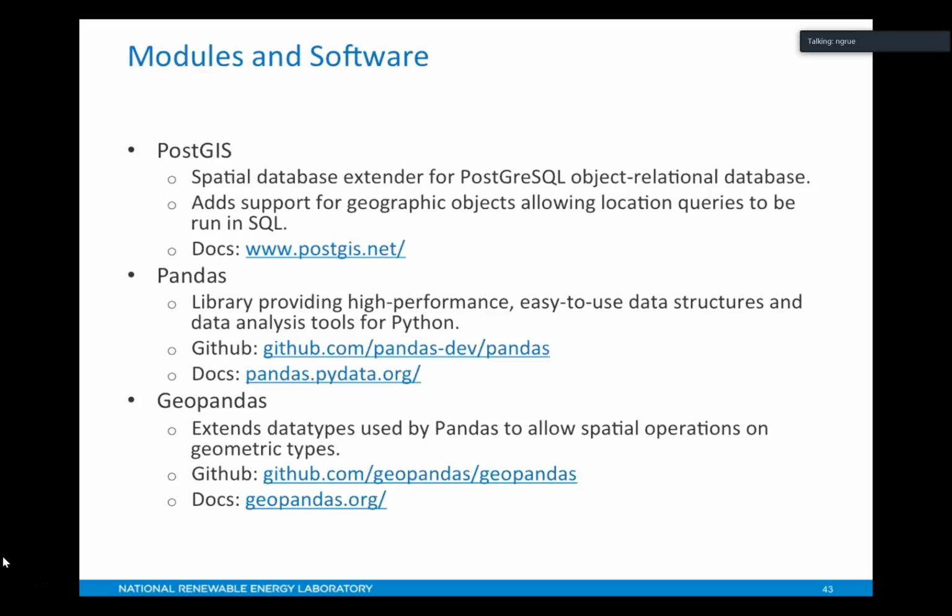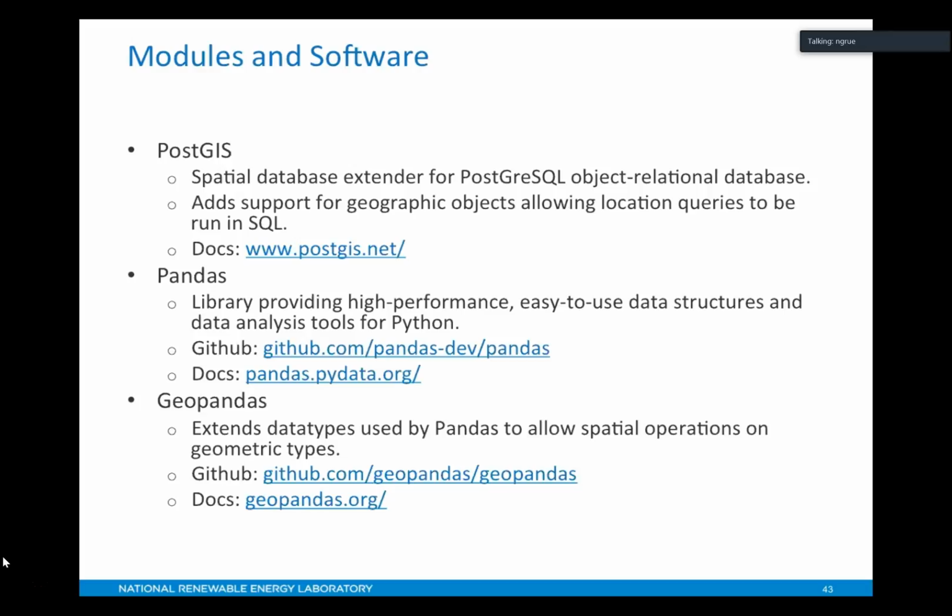So if you look at Postgres, you have something that looks like a spreadsheet. I mean, it's a lot more complex than that, but Pandas basically brings that data frame object to Python, and that really opened up a lot of possibilities for scientific computing.